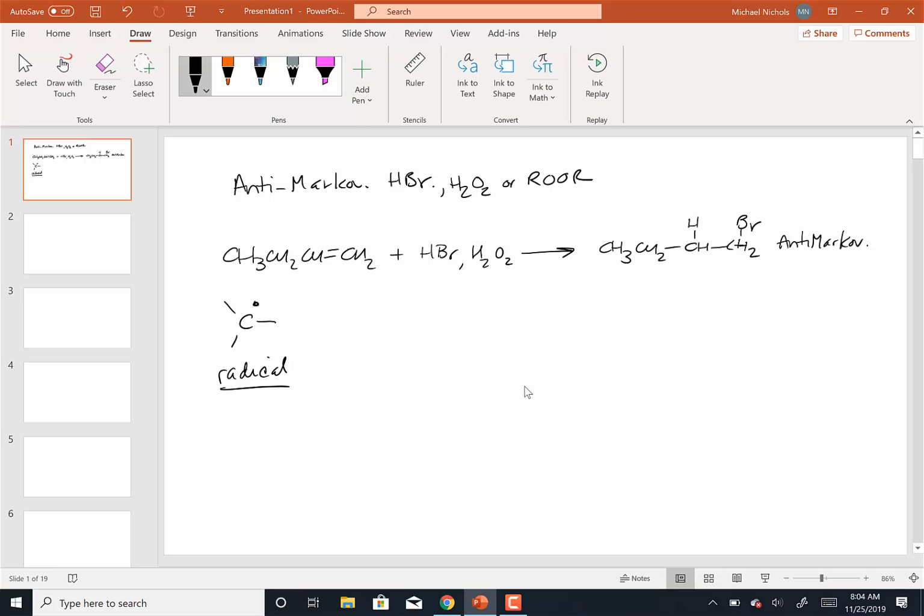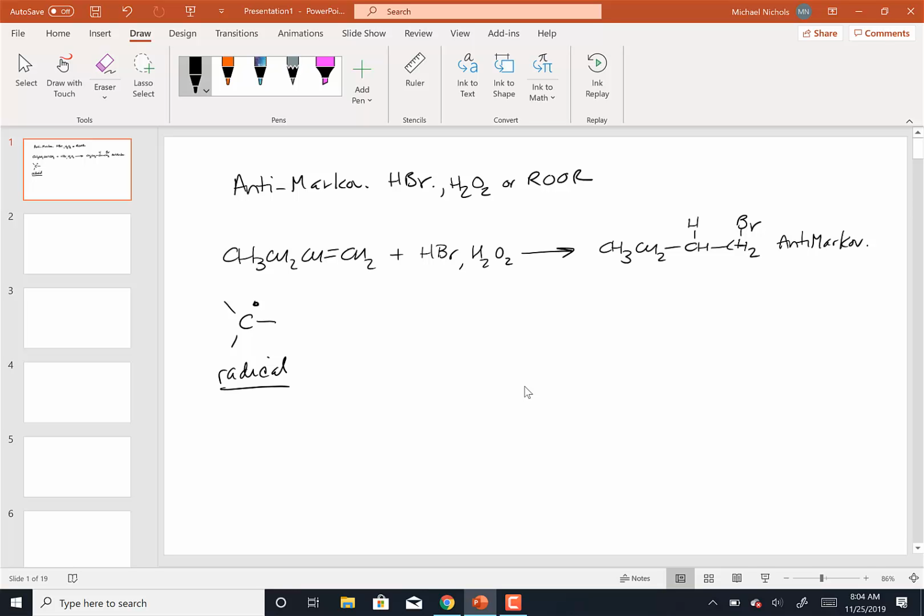Like most radicals in life, they are not stable. And although they may be geniuses, etc., if we talk about non-chemistry, typically not stable. So why is this carbon not stable? Because it only has 7 valence electrons. It wants 8. Now, it is better off than a carbocation because a carbocation only had 6.